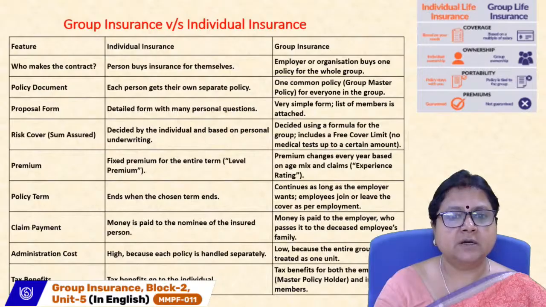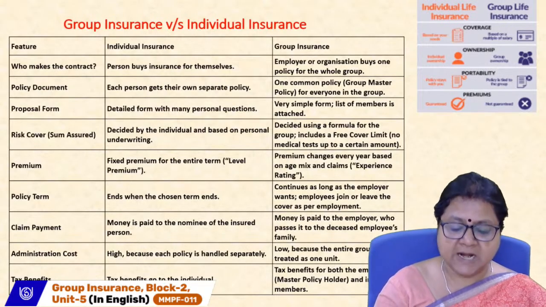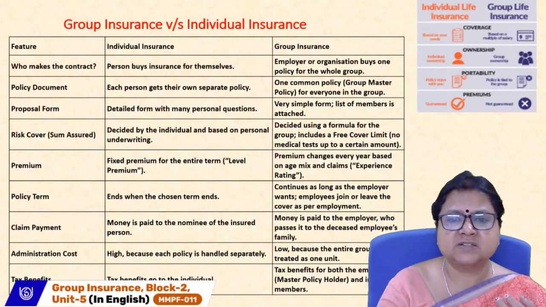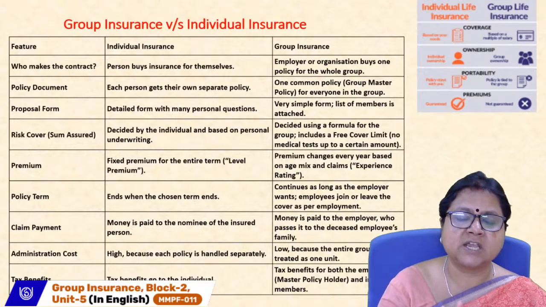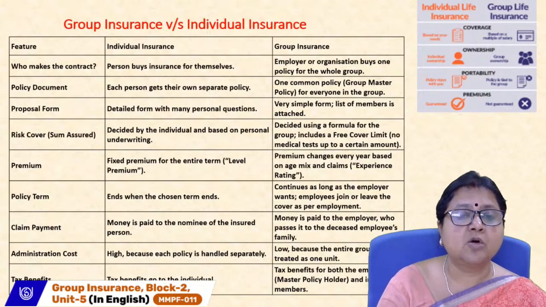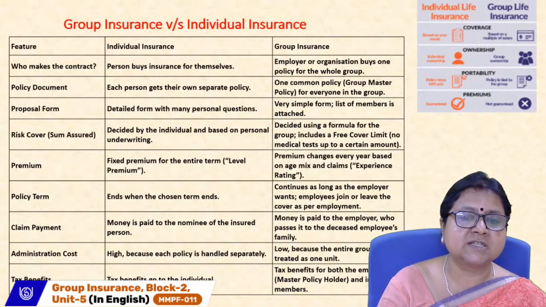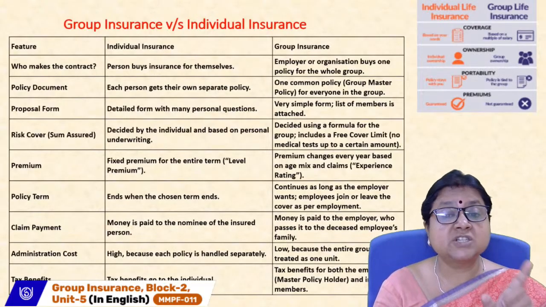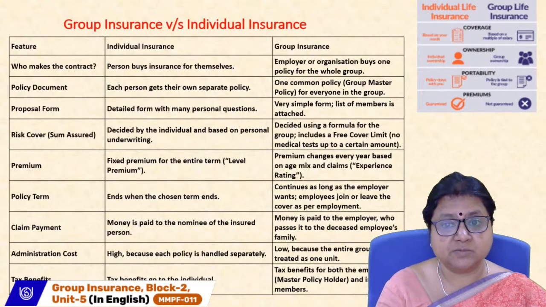And there will be a detailed form, and there will be so many personal information questions about the individual person, like his family, his lifestyle, his income, his inheritance, and about his health. All of that data and statistics will be given in the detailed form, which is filled up by the individual person himself.